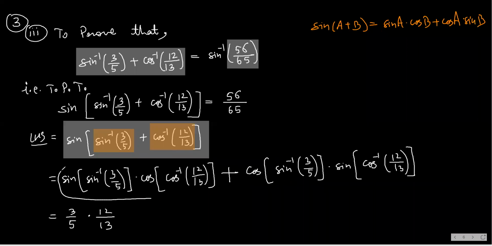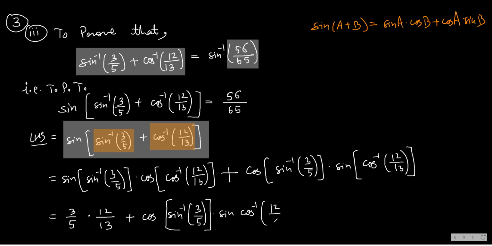So this part we could write the answer faster, but here a bit of calculation is required. So plus, now here I have cos of sine inverse 3 by 5 into sine of cos inverse 12 by 13.